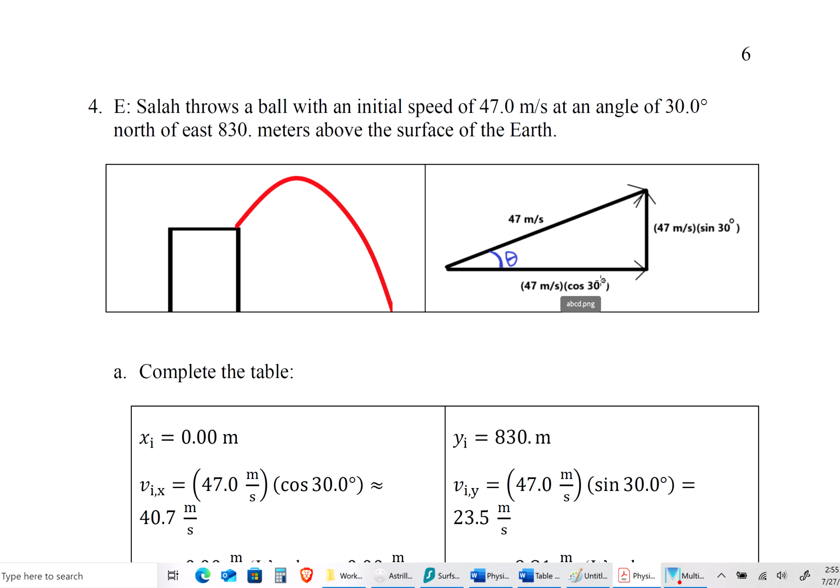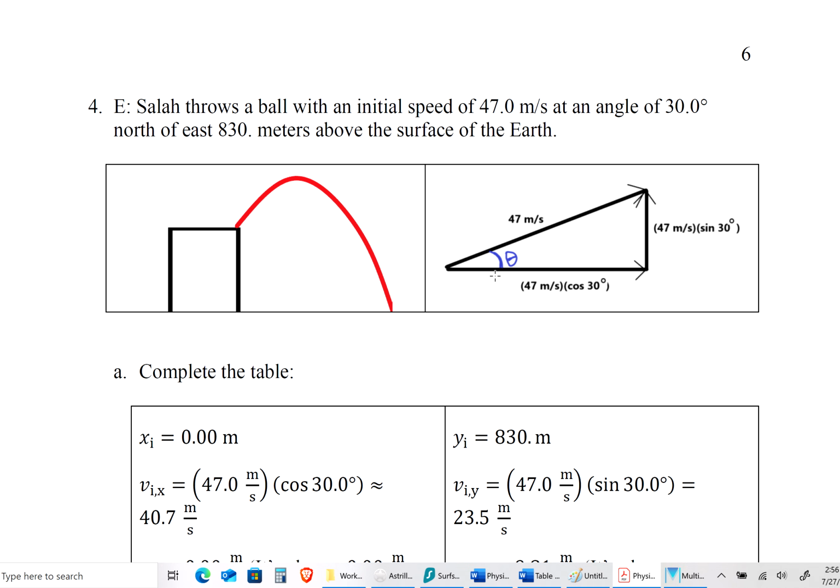Question 4. Salah throws a ball with an initial speed of 47 meters per second at an angle of 30 degrees north of east, 830 meters above the surface of the earth. So, we're given the initial velocity is 47 meters per second, 30 degrees north of east.